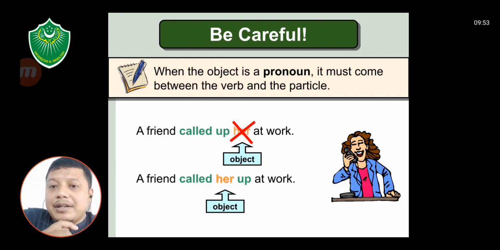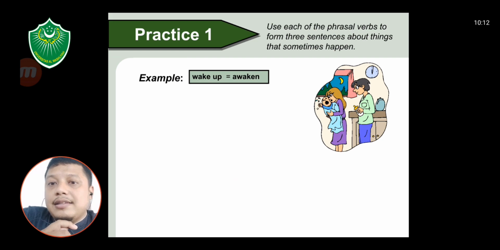The verb and the particle. So her, them, his, him, and also us, it must be between the verb and particle. So let's go to the next example.